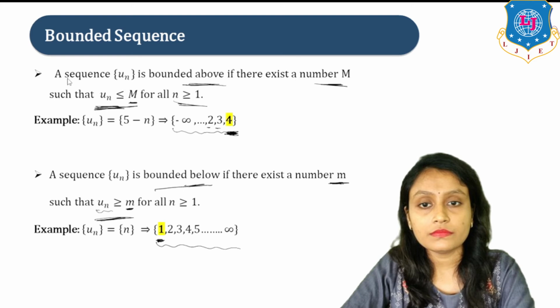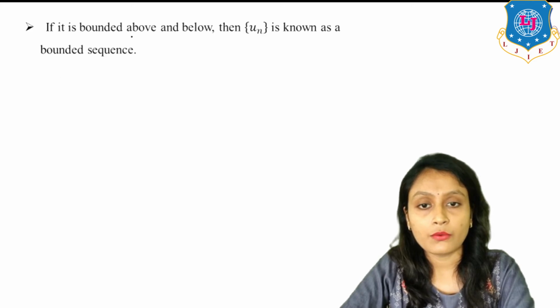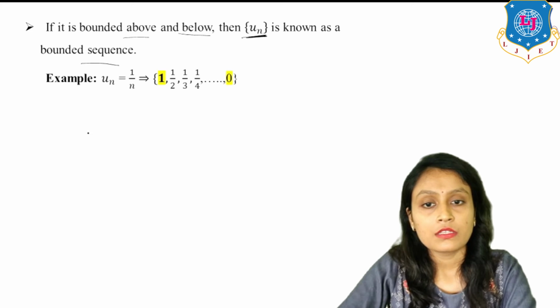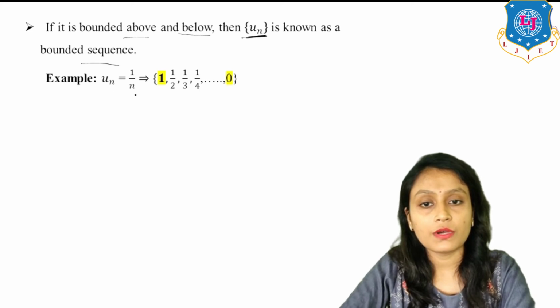Now, if it is bounded above and below both, then we can say that the sequence u_n is a bounded sequence. Okay, so for example u_n is 1 upon n. Okay, just substitute n is equal to 1. So you will get 1, 1 by 2, 1 by 3, 1 by 4 and so on.